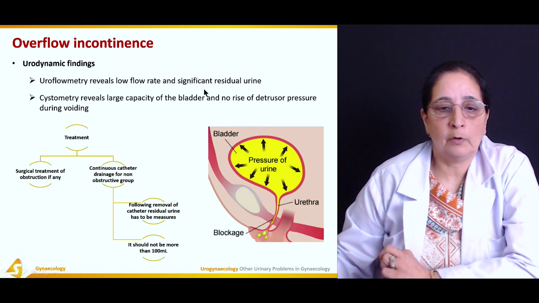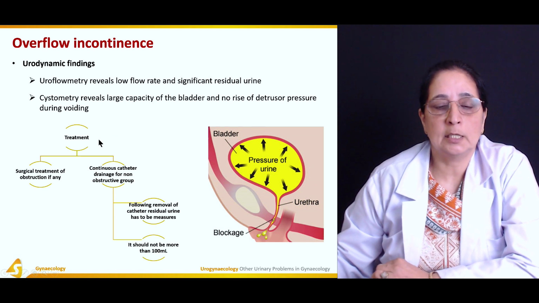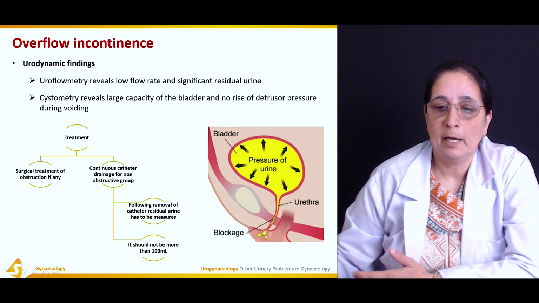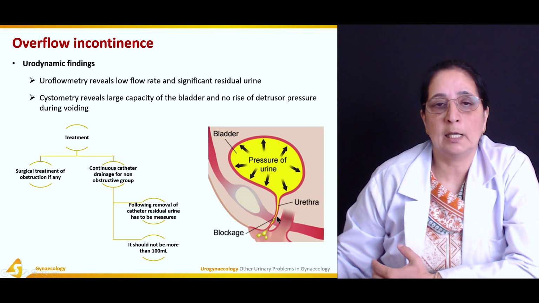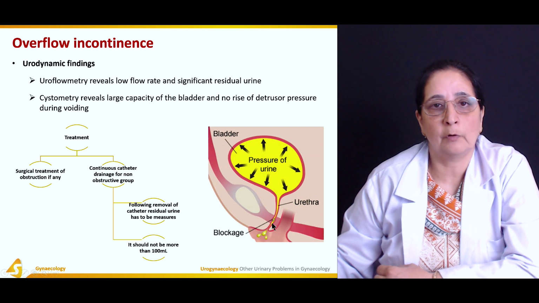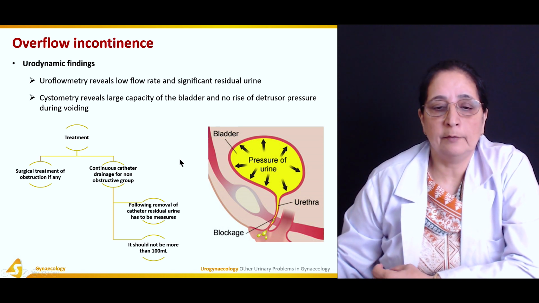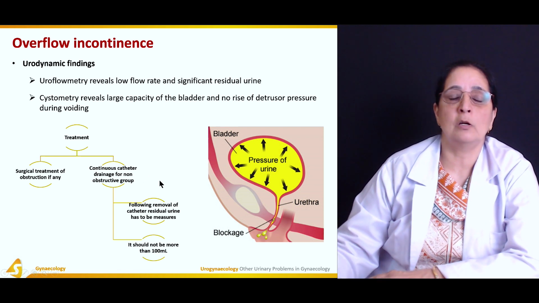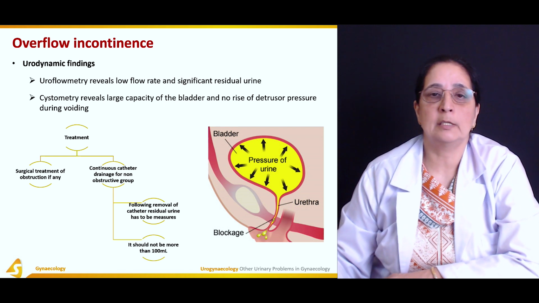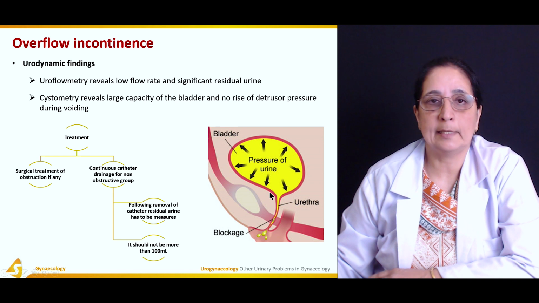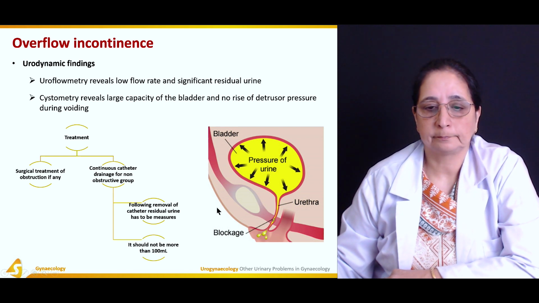So treatment for overflow incontinence is usually surgery to remove the obstruction. If there are stones present, then usually the surgery is performed to remove the stones. If there is no obstruction, then continuous catheter drainage by the Foley's catheter is performed.